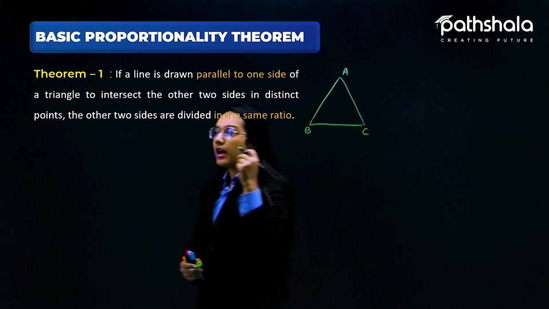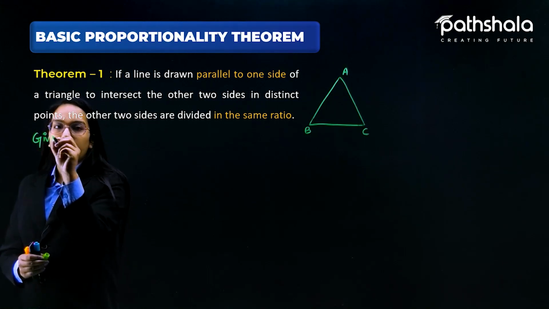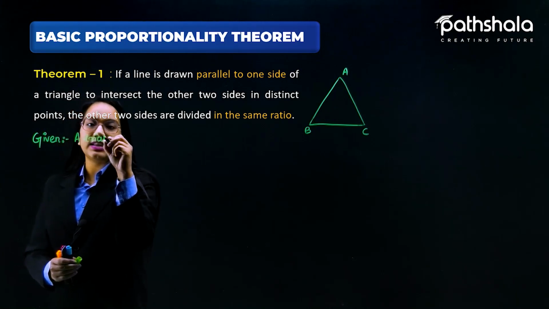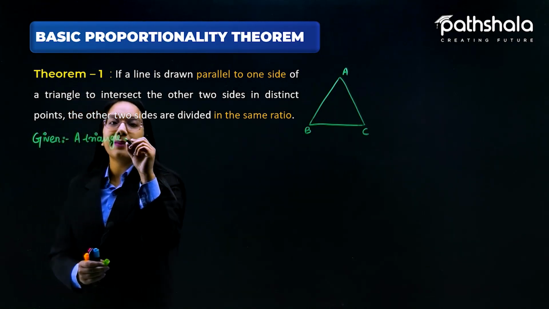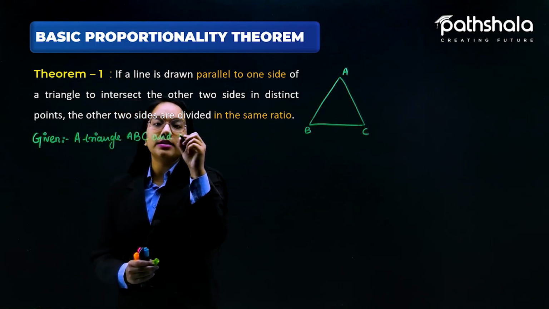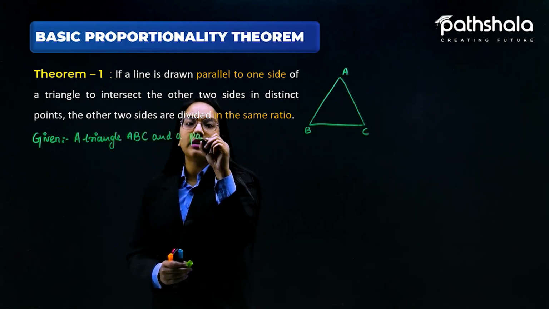Let me write over here what is given to us. The given condition is a triangle ABC and a parallel line.